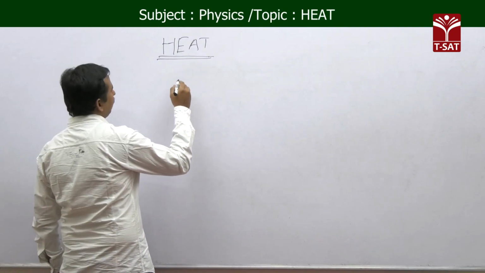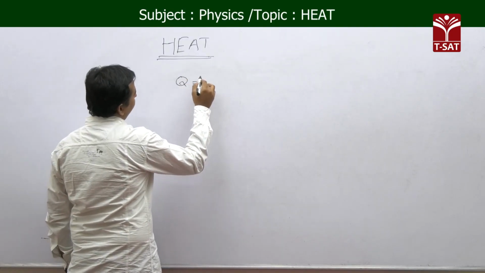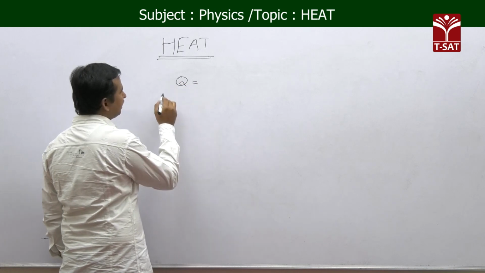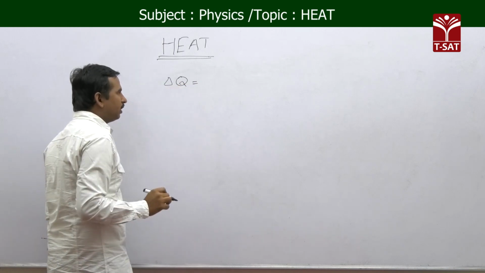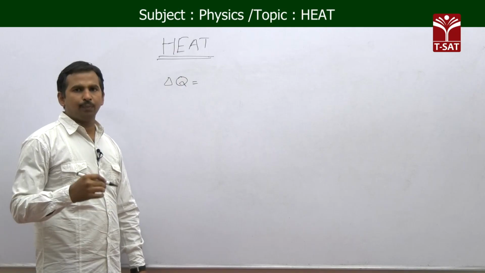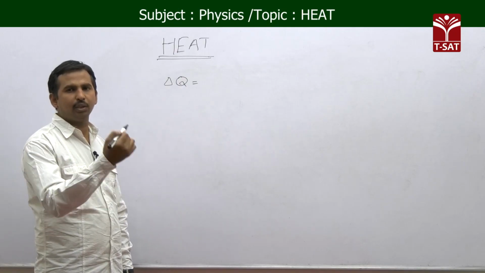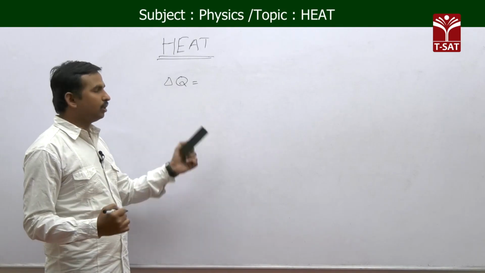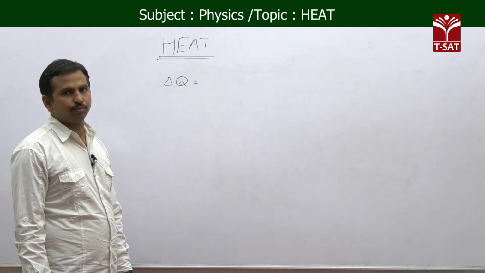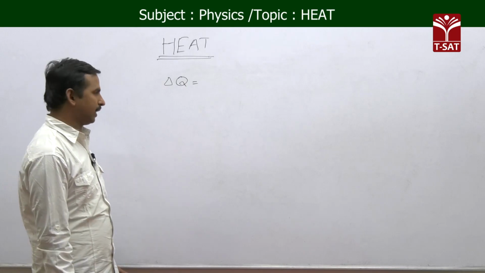Now we got a new formula for heat energy. Whatever heat we are supplying to any substance, or whatever heat we are receiving from the substance, that we take as delta Q, the difference in the heat energy.